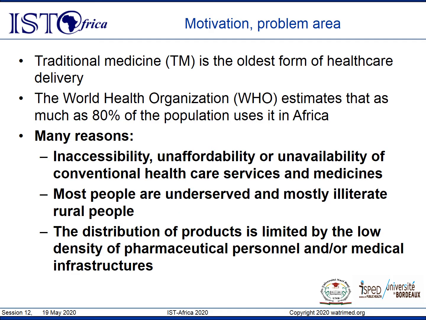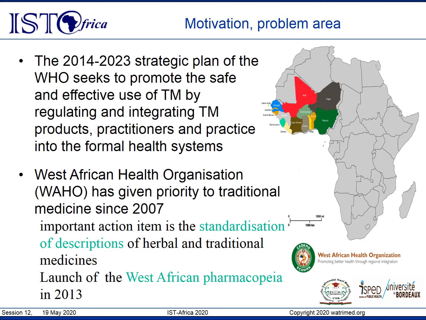Traditional medicine is the oldest form of eHealth delivery. The World Health Organization estimates that as much as 80% of the population use it in Africa. This is for many reasons, going from inaccessibility to the distribution of the product, which is limited by the low density of pharmaceutical personnel and our medical infrastructures.